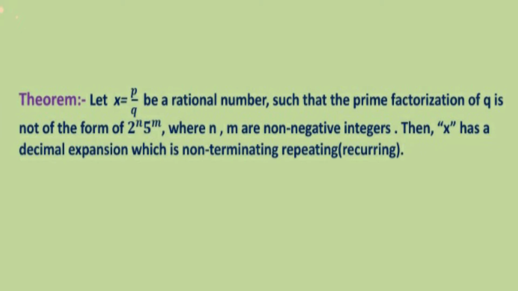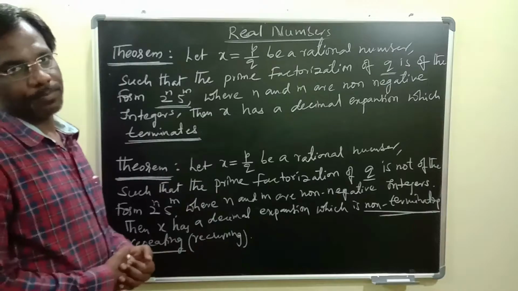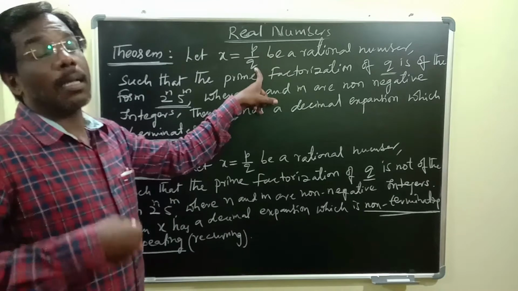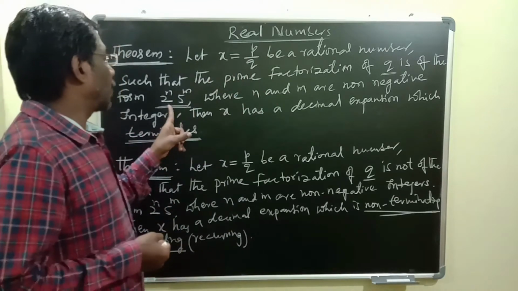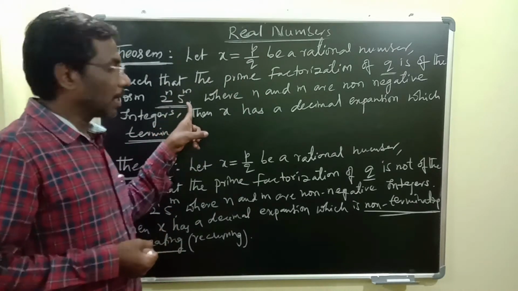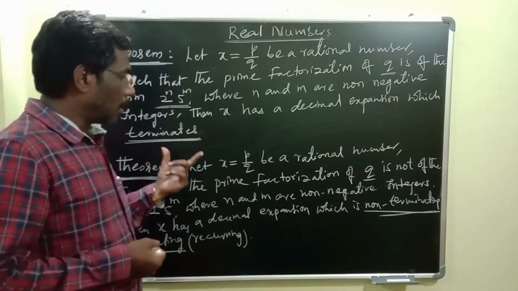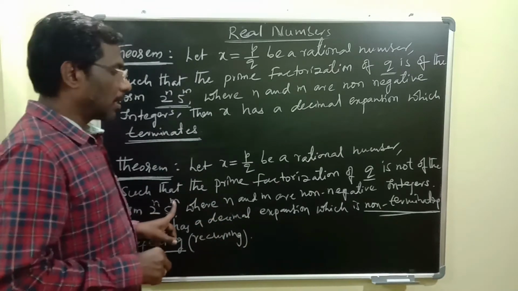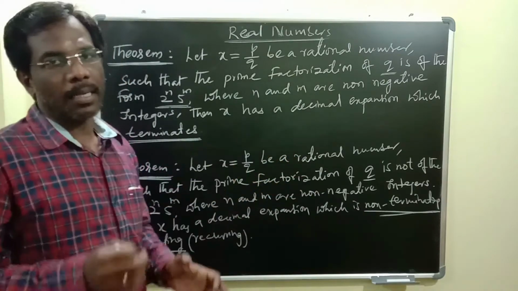Then x has a decimal expansion which is non-terminating repeating, or we can say recurring decimal. So the condition is: if the denominator can be written in the form of 2 power n into 5 power m, it is a terminating decimal; if it cannot be written in that form, it is a non-terminating decimal.